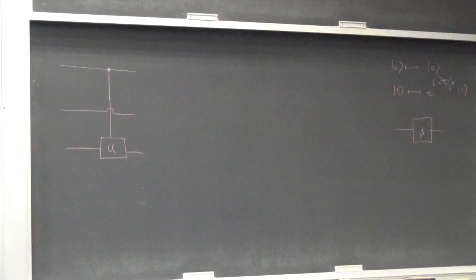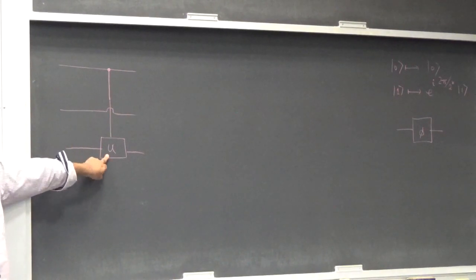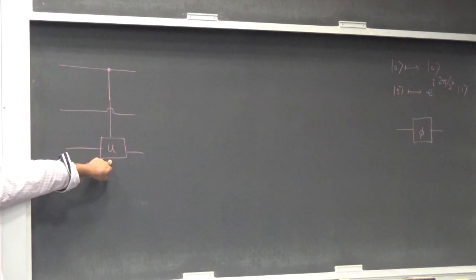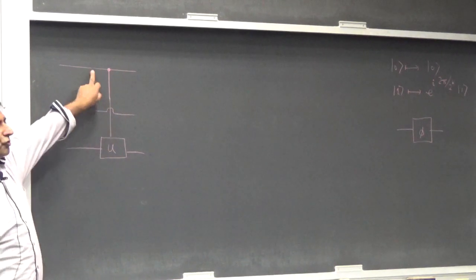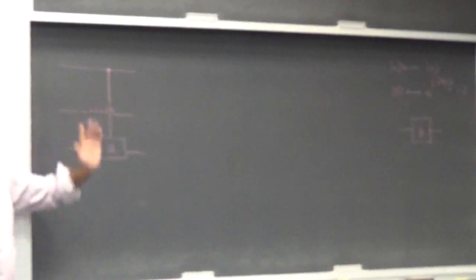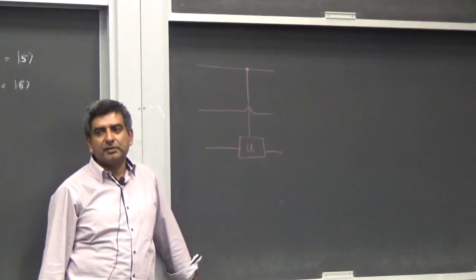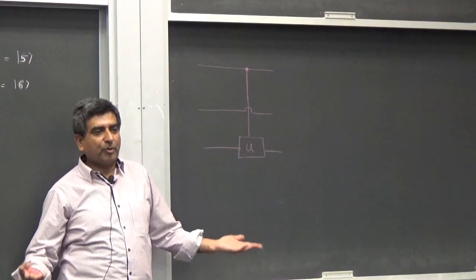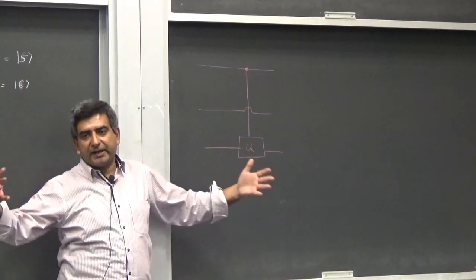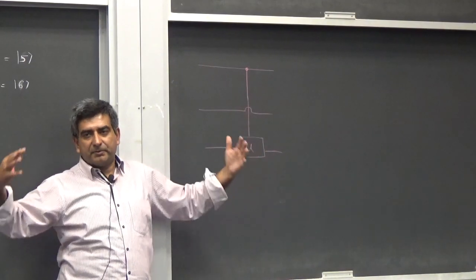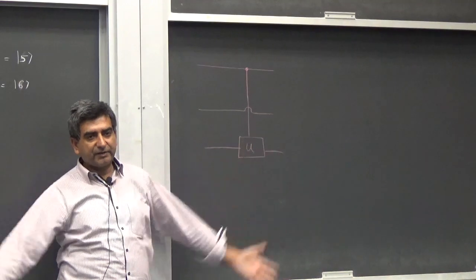Suppose this is the kind of 3-qubit scenario I have, in which I'm putting an operation on the third qubit controlled by the first qubit, unaware of what's at the second qubit. Of course, this is an operator. It's going to be an 8 by 8 dimensional matrix. It's going to be a large matrix, right?